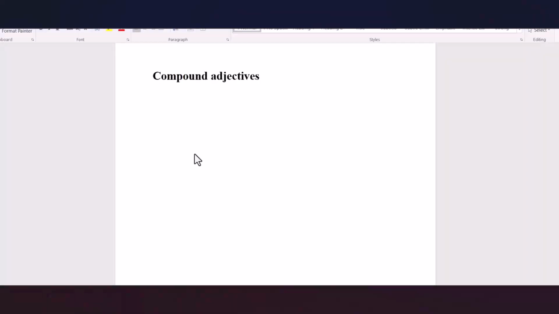Before beginning the interesting topic of compound adjectives, I would like to talk about gerunds and past participles as adjectives. When water is flowing, when we want to refer to this water, we say flowing water.